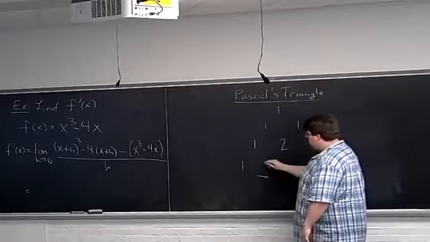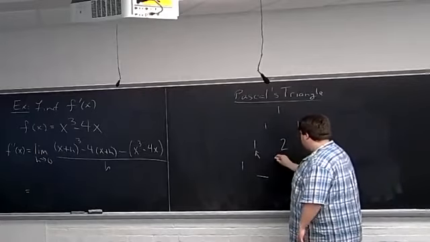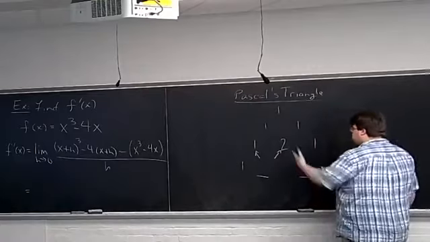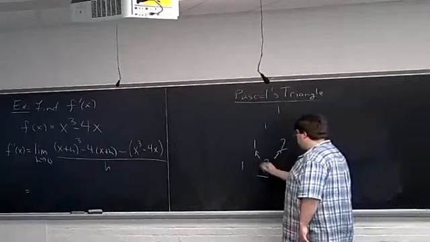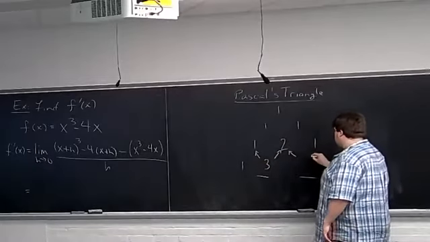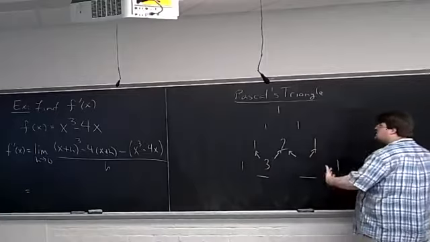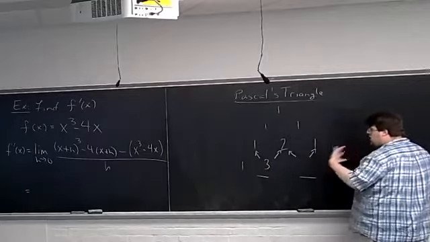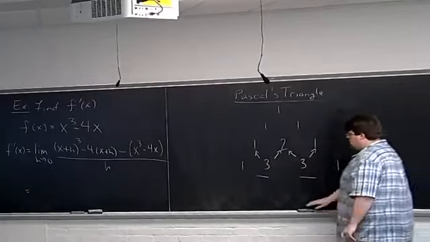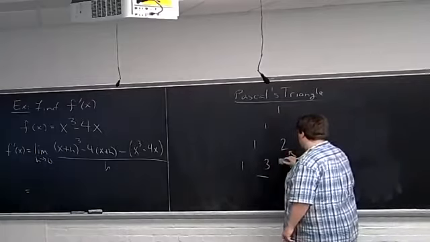This one is going to be the 2 numbers above it, 1 to the right, 1 to the left, added together. 1 plus 2, 3. The next one is the same thing, the 2 numbers above it added together. In this case, 2 plus 1, another 3.